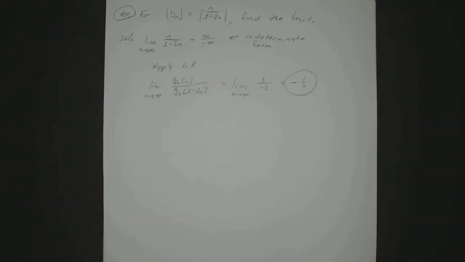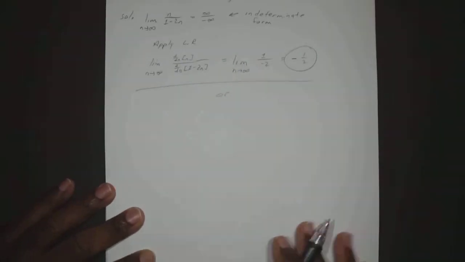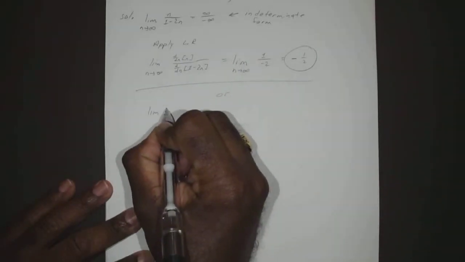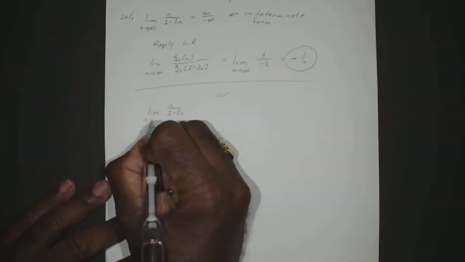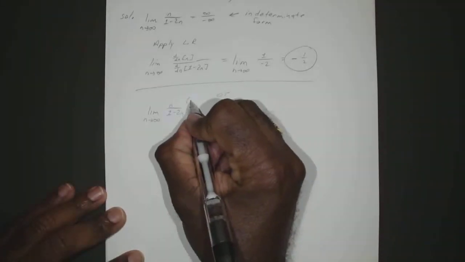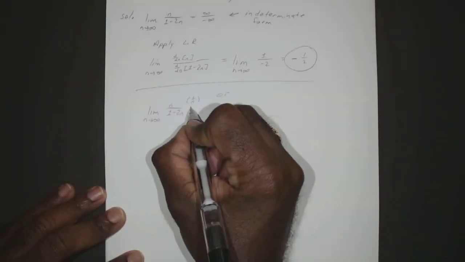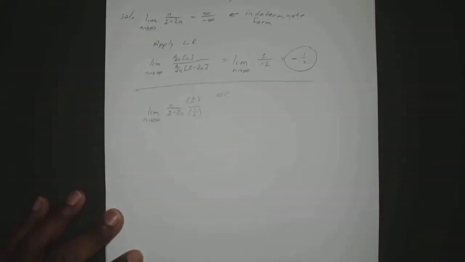Okay. Like I said, another way to do it would be to take the limit of n over 1 minus 2 times n as n approaches infinity and divide numerator and denominator by n, or multiply by 1 over n.